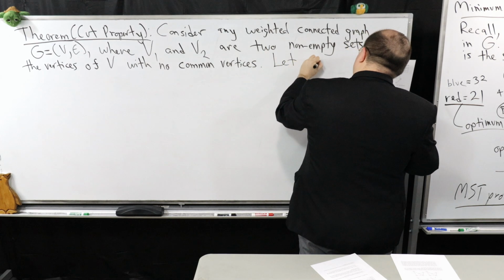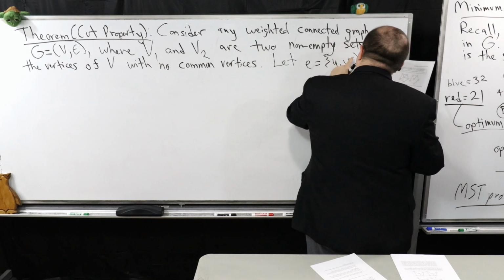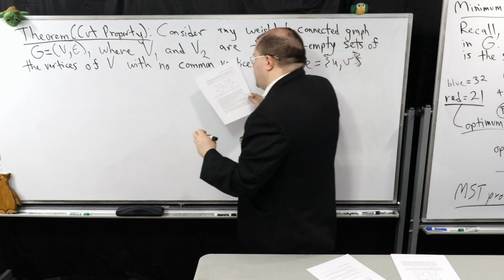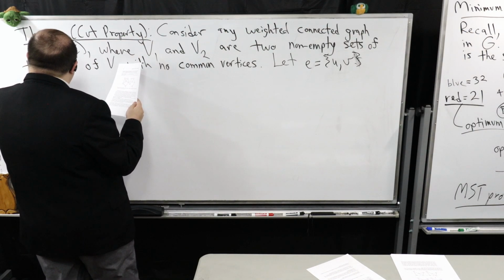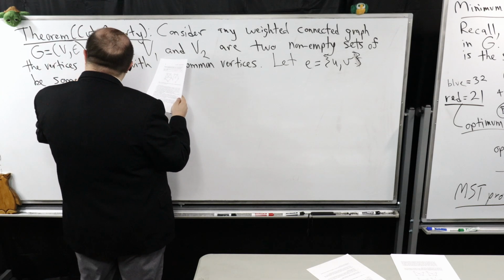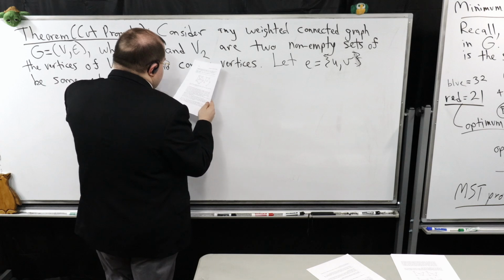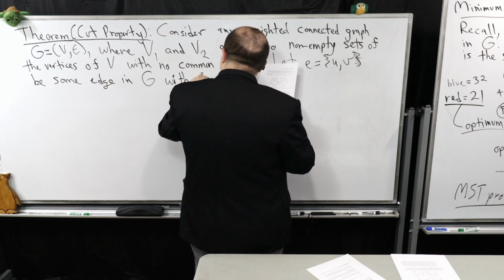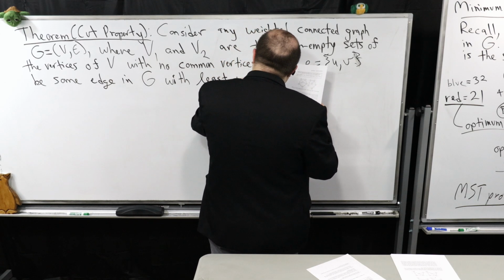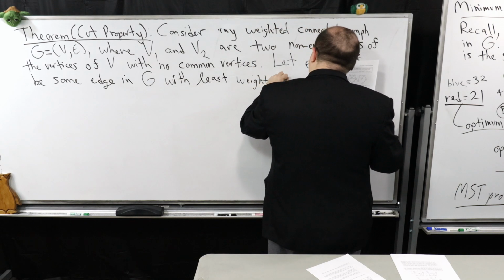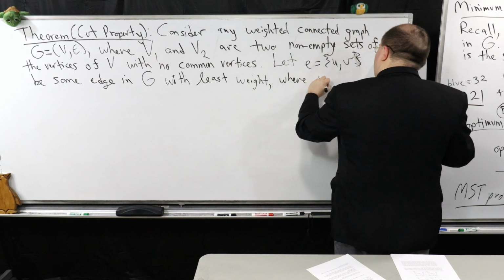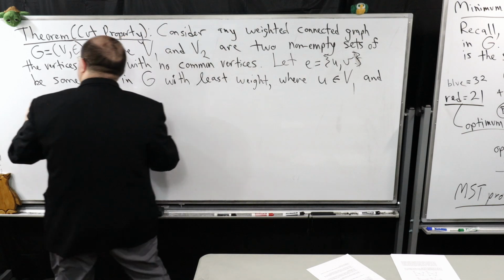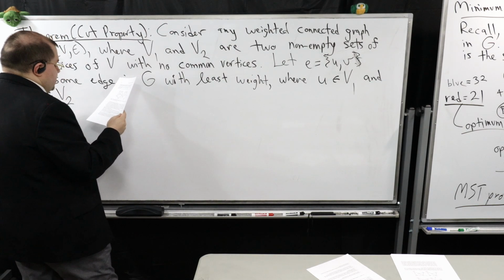let E equal UV. So this is going to be an undirected edge. Be some edge in G with least weight, where U is in V1 and V is in V2.